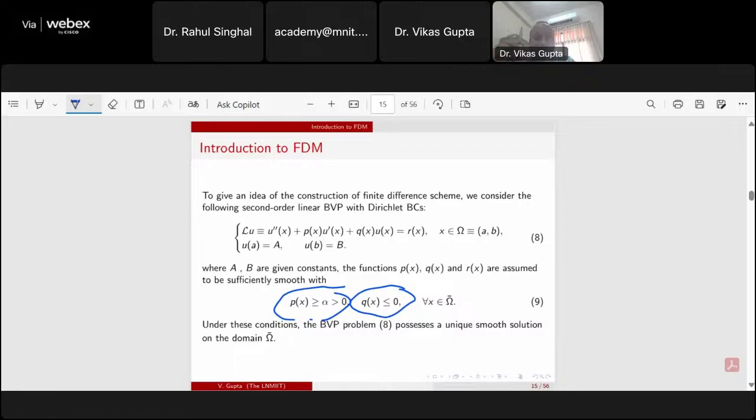And to ensure this, we require these restrictions on the coefficient functions. And while I develop finite difference methods like the central finite difference scheme and the upwind finite difference scheme, there I will also discuss that these conditions are also required for the stability of the finite difference scheme. So that's why I impose these conditions on the coefficient functions over here.